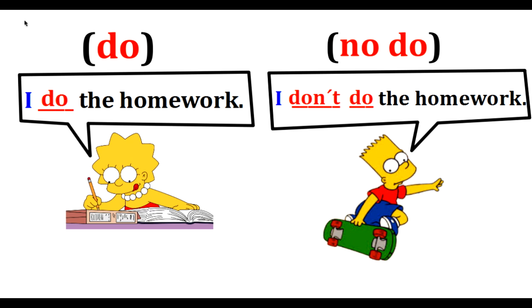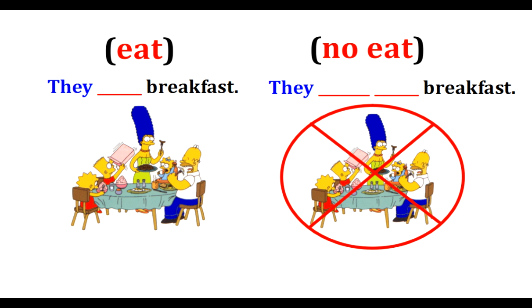Very good. Okay, the affirmation. They eat breakfast. The negative, they don't eat breakfast. Remember, the negative auxiliary and the normal verb. Very good.